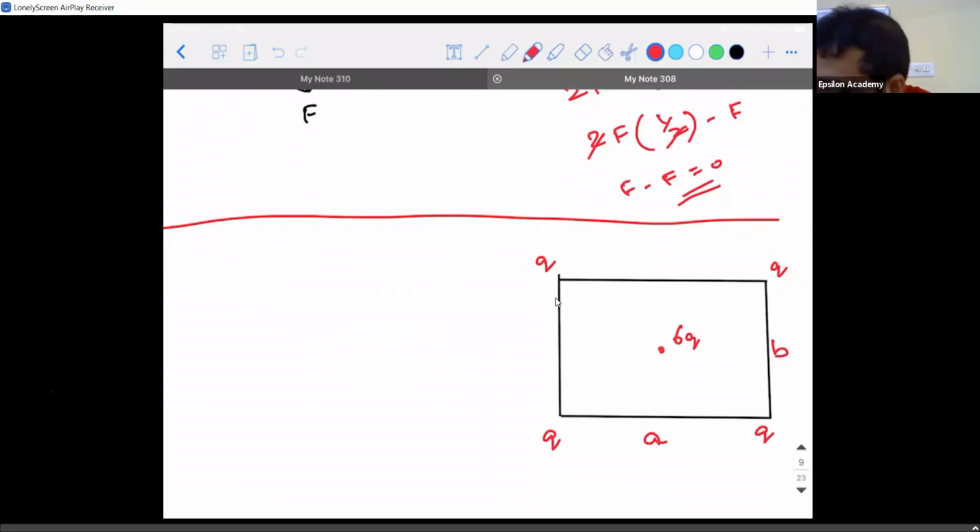Got it? So what are we supposed to do? First charge, second, third, and fourth. Let me call this as 5. So what is the name of this force?